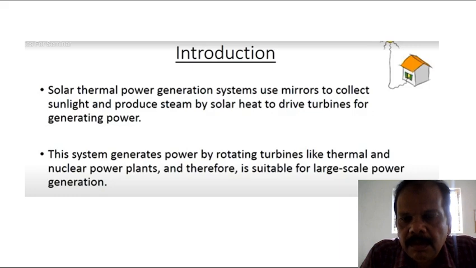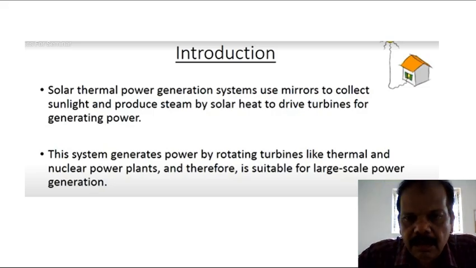Normal thermal power plants work on this principle, where the heat is derived from burning fuels like coal or oil. Instead of burning the fuel, now we are getting the heat energy from the sun, which is utilized for converting the water into steam.